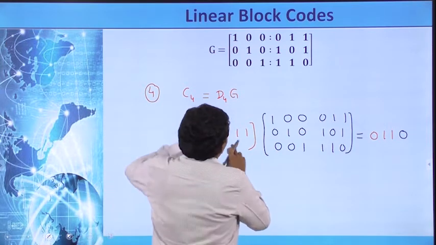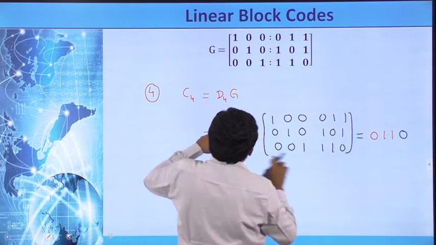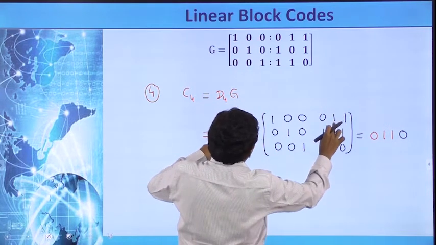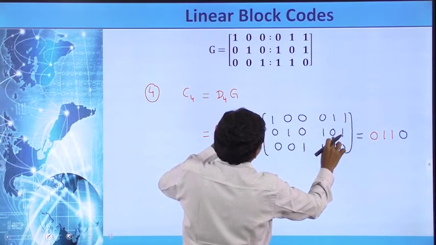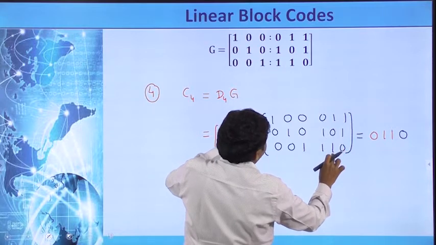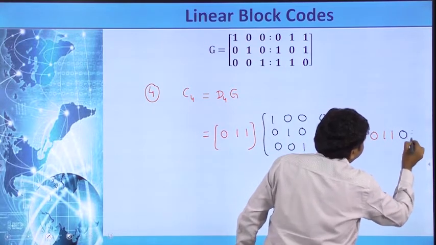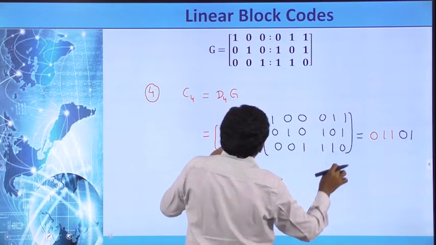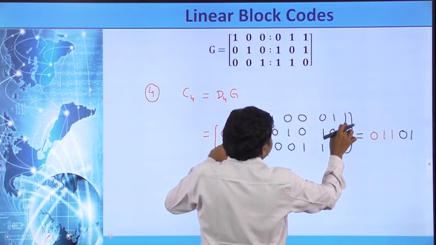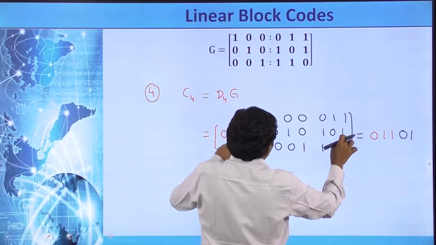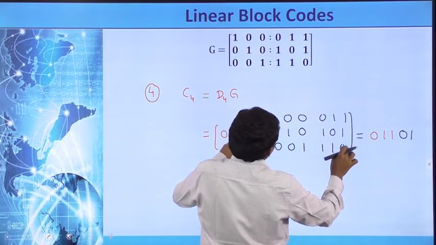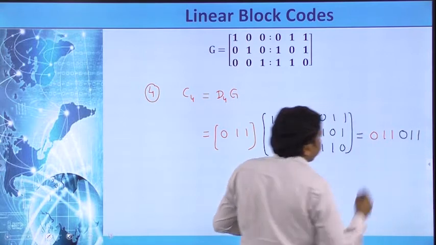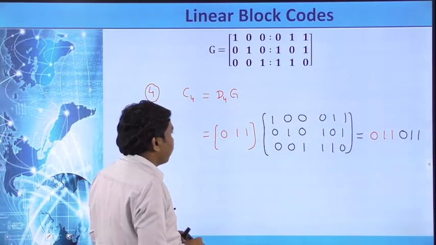Now multiply this row with the fifth column: 0 into 1 is 0, plus 1 into 0 is 0, plus 1 into 1 is 1. Similarly, this row is multiplied with the last column: 0 into 1 is 0, plus 1 into 1 is 1, plus 1 into 0 is 0. So it is equal to 1.